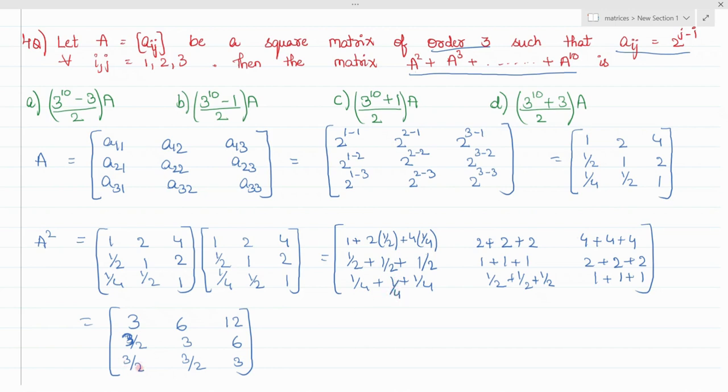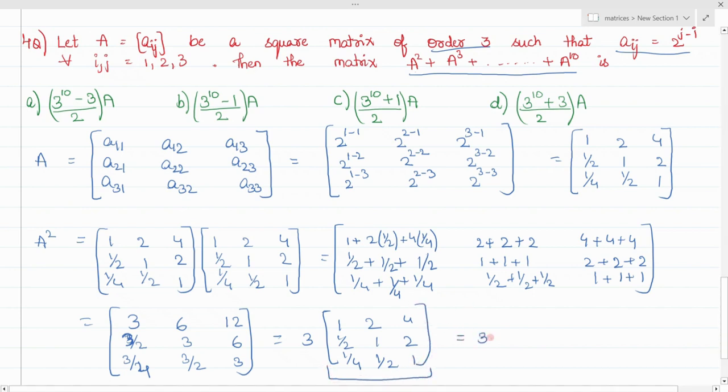You'll get 3 by 4 over here. Now take 3 common from this. You will get 1, 2, 4, 1 by 2, 1, 2, 1 by 4, 1 by 2, and 1. So here this is nothing but matrix A. Now we can write it as 3 into A.